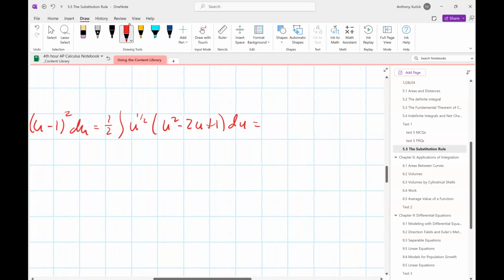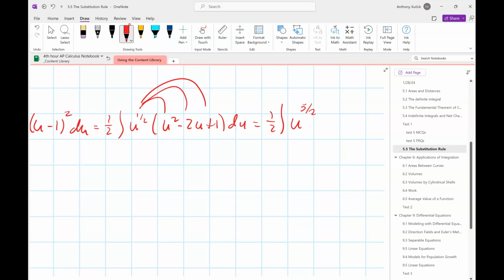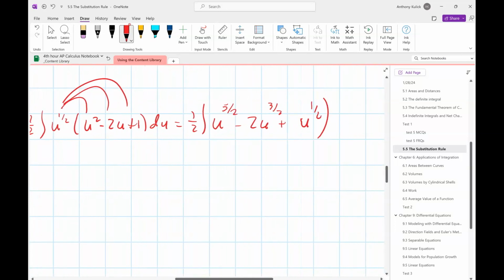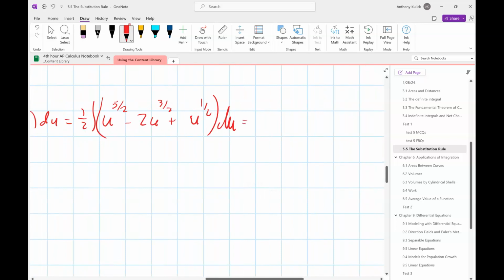What should we do from here? Still not ready to integrate it yet. Distribute. So 2 plus a half is 5 over 2. 1 plus a half is 3 over 2. And now, can we integrate that? Yes, because each one of those you can just use that power property. Because we can integrate term by term.